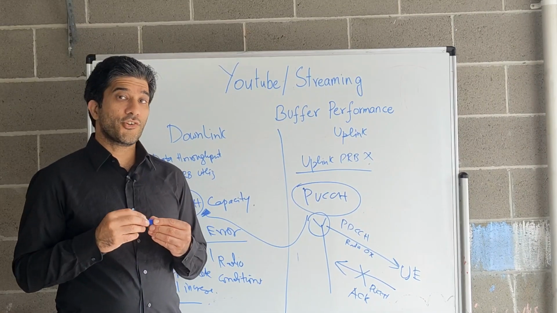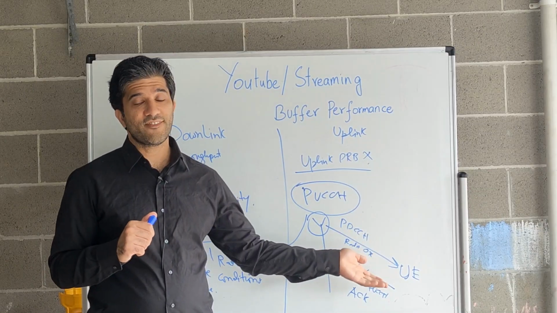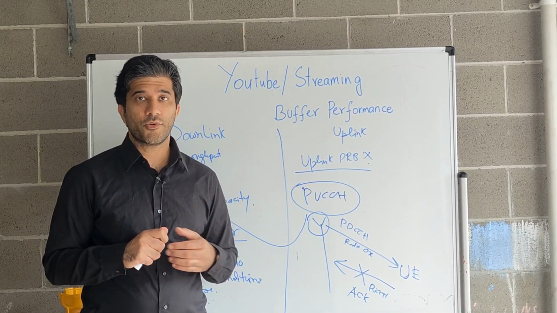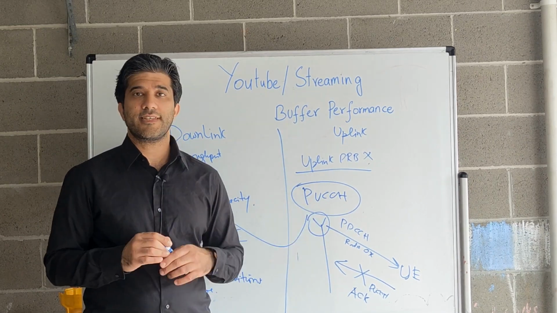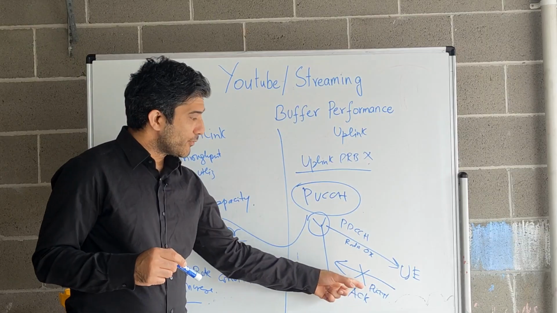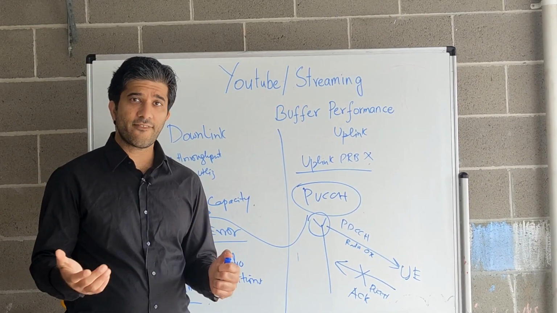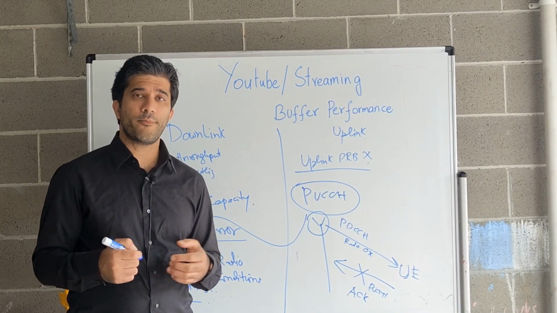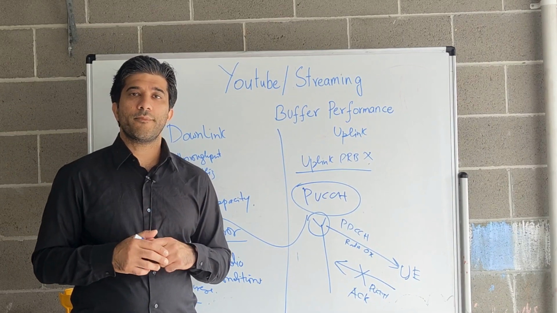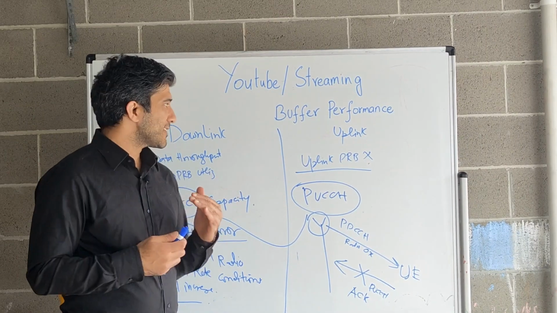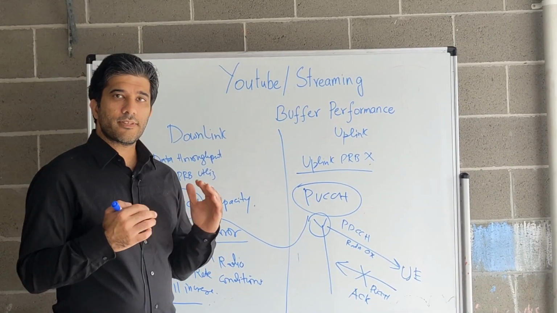If the acknowledgement is not received by the eNodeB, then it will understand that the PDCCH has not been received by the UE, and it will not send out the data, and it will send another PDCCH. So that's where this loop is very important. Your PUCCH performance is also very important. If you have errors in PUCCH, if you have bad uplink radio, then again your downlink performance will be impacted.